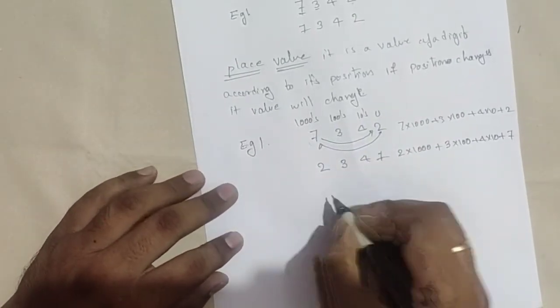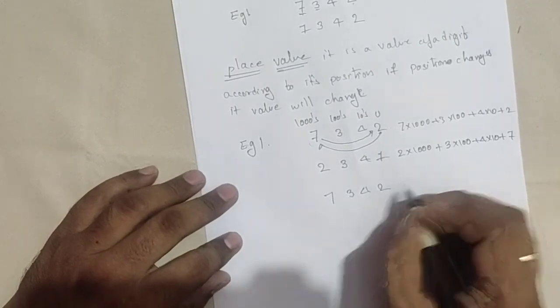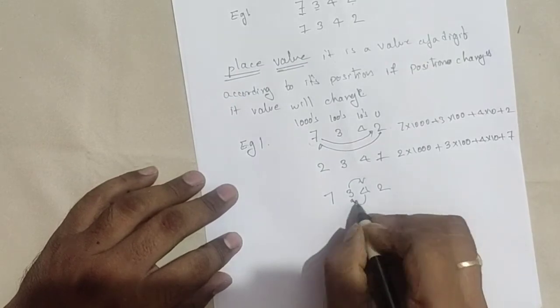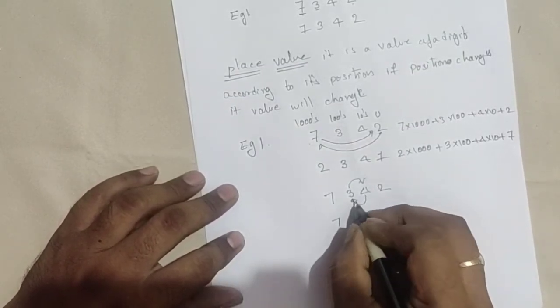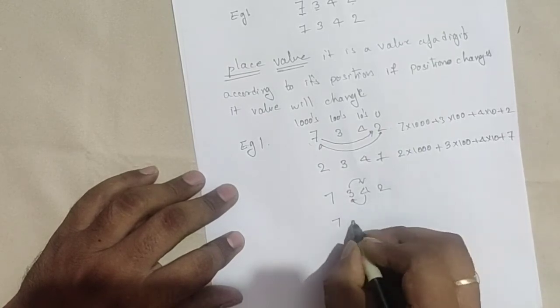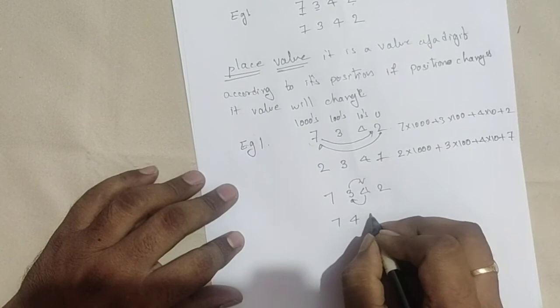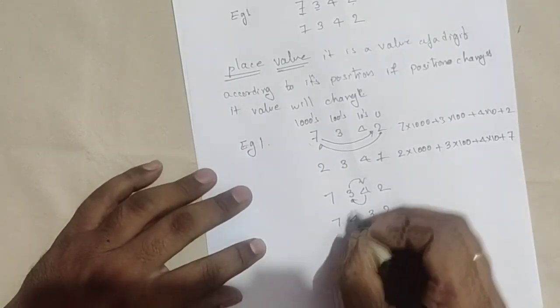We'll take the same example, 7342. We'll interchange the numbers here. We are swapping these two numbers: in the place of 3 we replace it with 4, and in the place of 4 we replace it with 7.